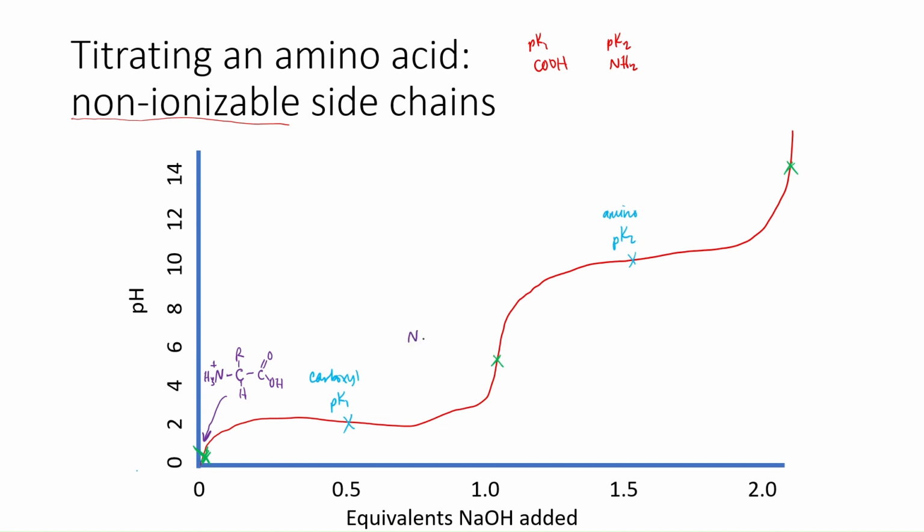So here, if we start drawing out our generic amino acid, our amino group is going to remain fully protonated because we're still below its pKa, but now our carboxyl group is going to be fully deprotonated at this equivalence point. At our pKa, we're going to have half of each. So we're going to have some COO minus, we're going to have some COOH. And our pKa is when we have about half of each of these species.